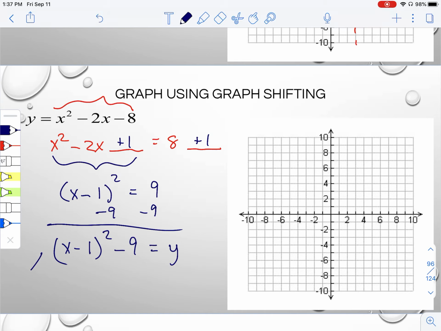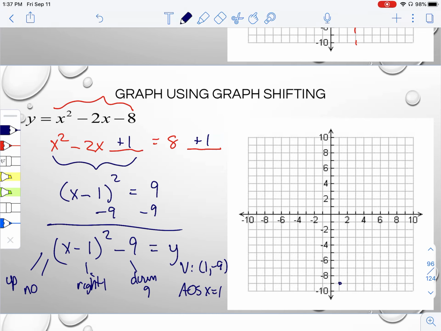So here we can do all the same observations we did before. Positive, so it opens up, no stretch or compression, right 1, down 9 units, vertex is 1, -9, with the axis of symmetry at x equals 1.